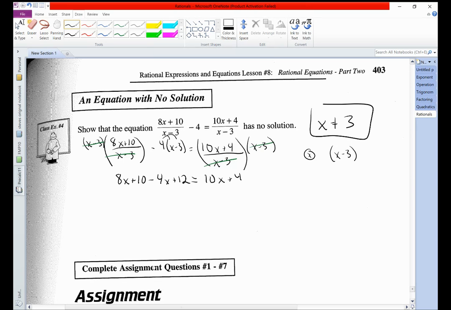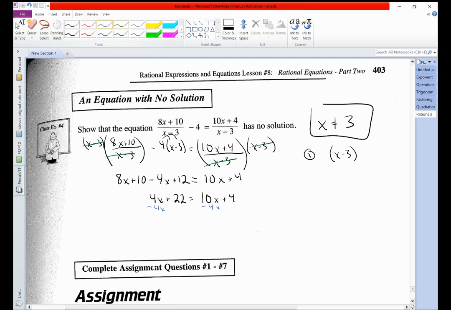Fantastic. So I can combine my like terms. 8x minus 4x is 4x. Positive 10 and positive 12 is positive 22, and that's going to equal 10x plus 4. Cool. So now I can subtract 4x from both sides.